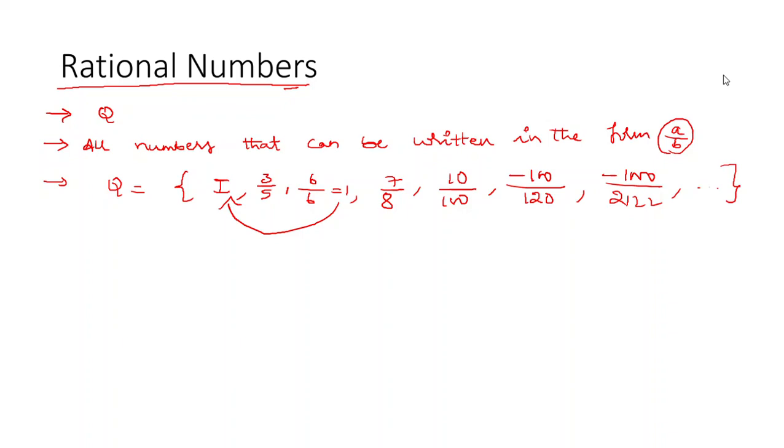So what exactly is a by b? Let's take the example of 1 by 3. In decimal form, 1 by 3 can be written as 0.3333 and so on, which we can simply write as 0.3 bar.